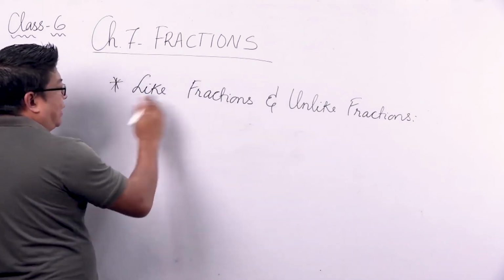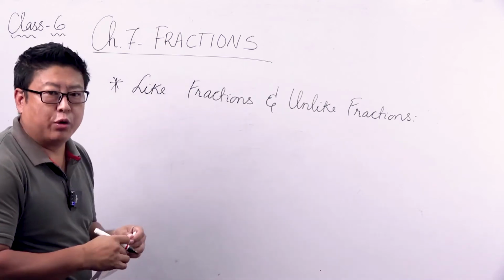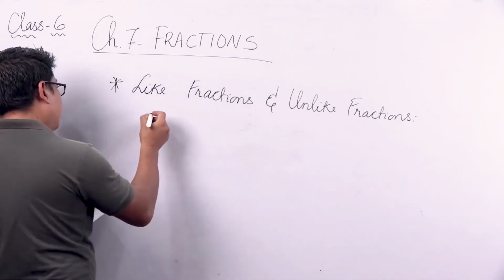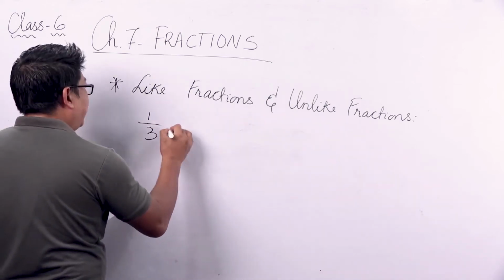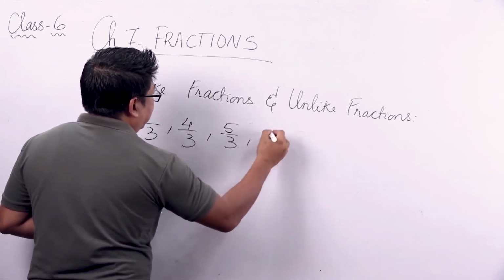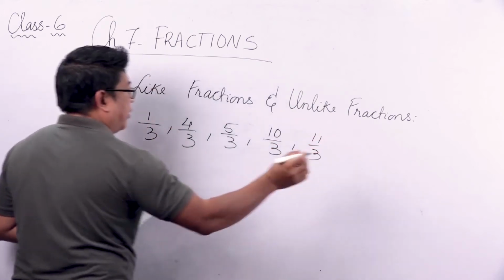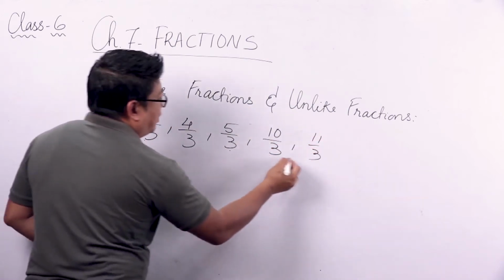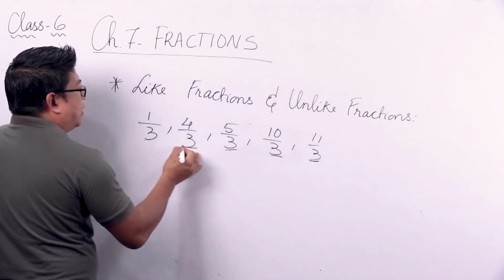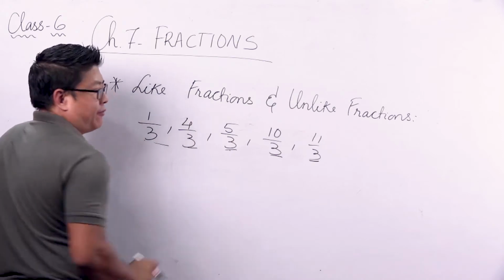Like fractions are those numbers with the same denominator. Okay? The same denominator, meaning 1 by 3, 4 by 3, 5 by 3. It can be any number. 10 by 3, 11 by 3, and so on. All of them have the same denominator. So these fractions are called like fractions.